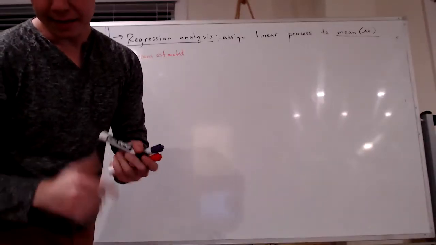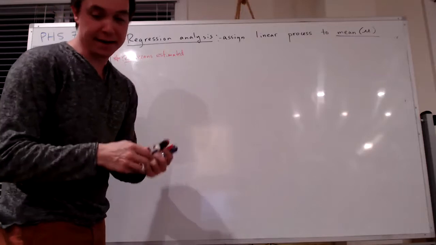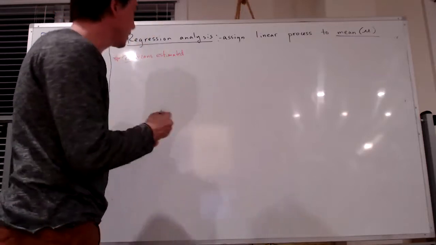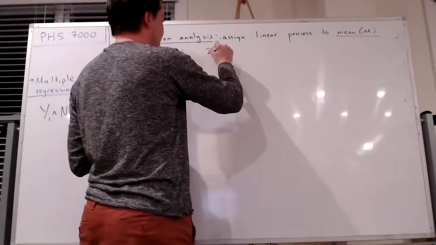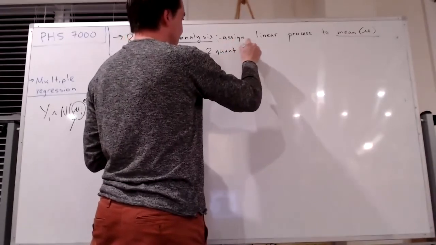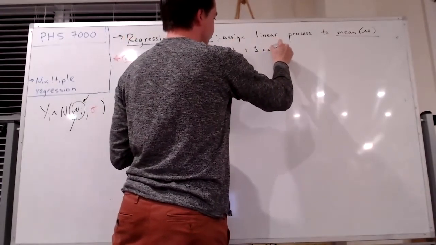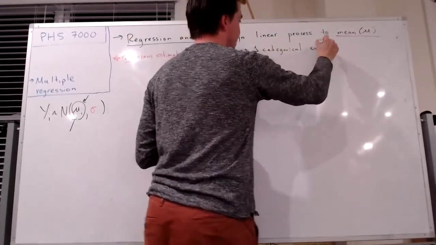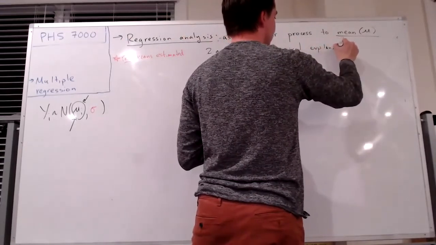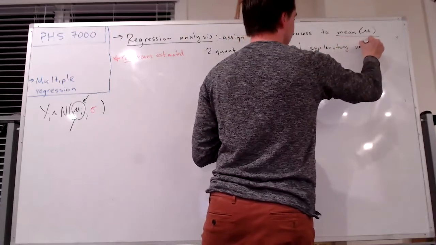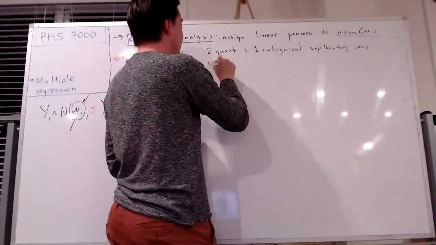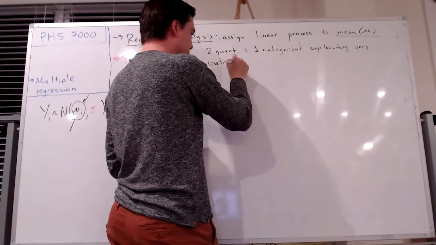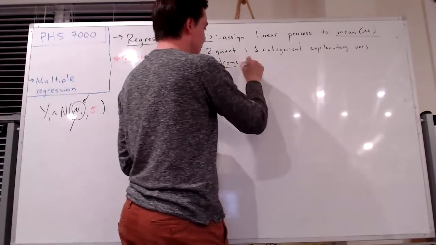So if I have 3 covariates, in fact, I will now have my last case. I will have 2 quantitative and 1 categorical explanatory variables. My outcome variable is going to be birth weight, so that's a little different than what we did during the activity.